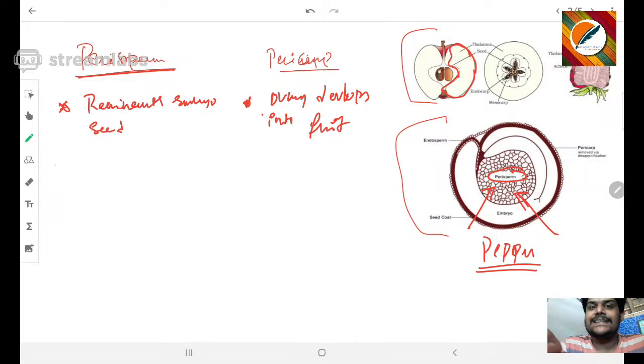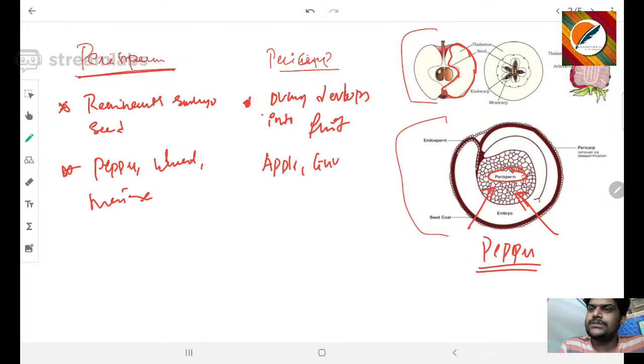Next thing is examples. For perisperm, one is pepper seed, then wheat, then maize. For pericarp, you can take a lot of fruits: apple, guava, strawberry, all fleshy fruits.